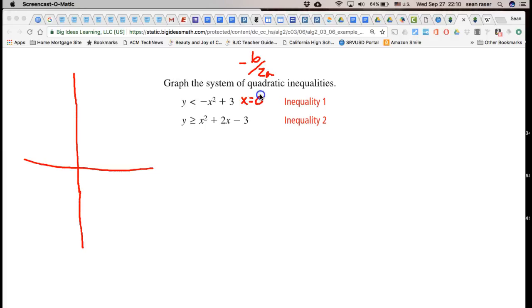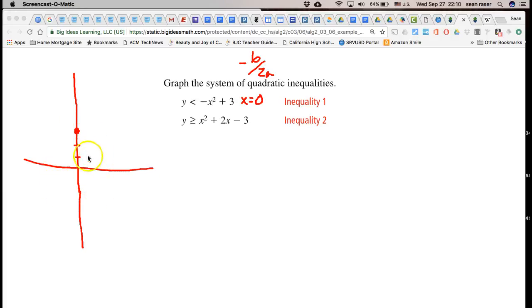And to find the y value of our vertex, we just plug in 0 for x, and we get y equals 3. So we know that our vertex is going to be at (0, 3), right here. Now, we know that this graph is going to open downwards because of the negative sign right here.